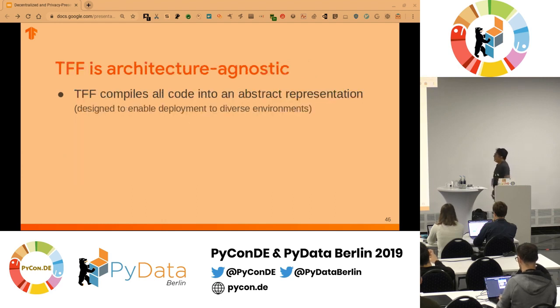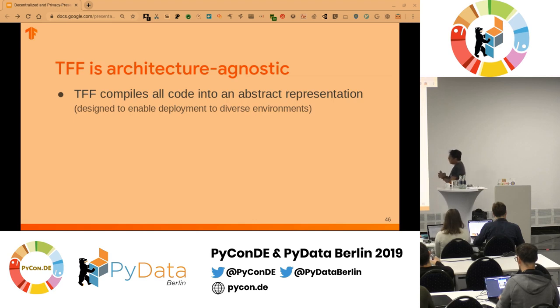This is a very important point I wanted to call out. It's absolutely architecture agnostic. It does not care what machine or what device it's running on. What TFF compiles into is a representation of what that federated computation looks like, or, if it's federated learning, which is a special case of federated computation, then that.